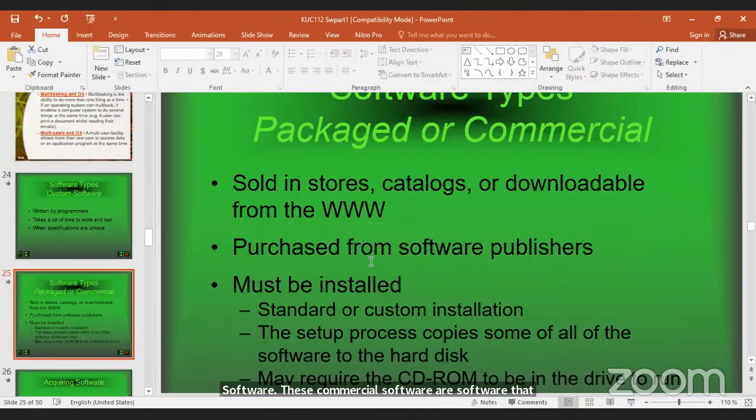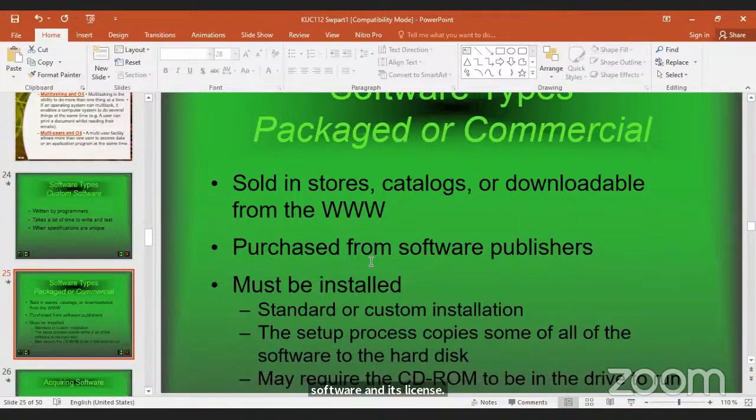It can be downloadable after paying for it. You can purchase this software from publishers so that you can use it. Like the Windows operating system, it is a proprietary or commercial operating system, so it needs you to have a license in order to use it. So commercial software needs you to purchase the software and its license.